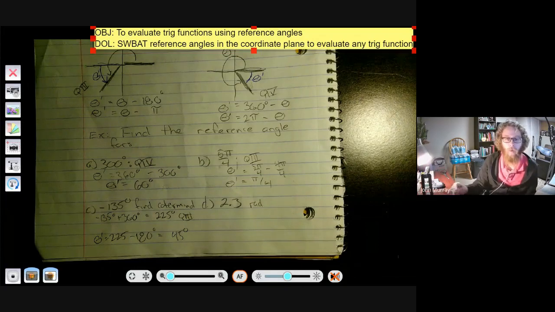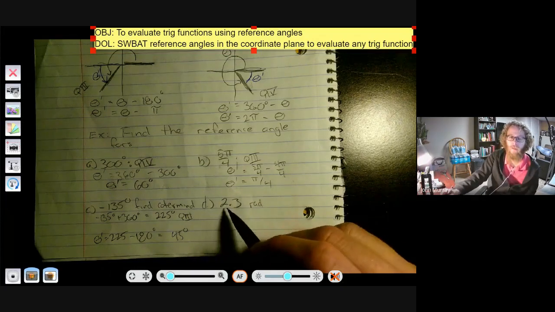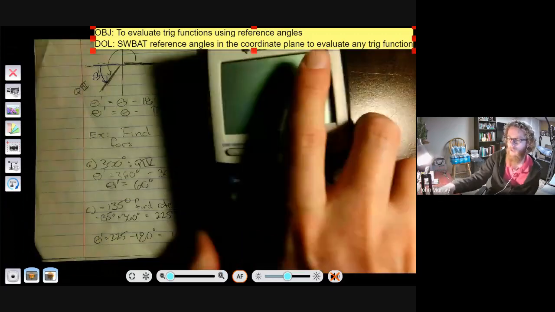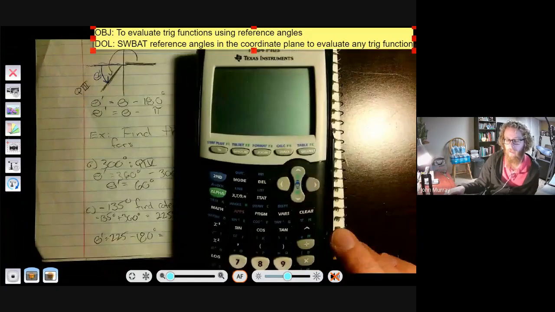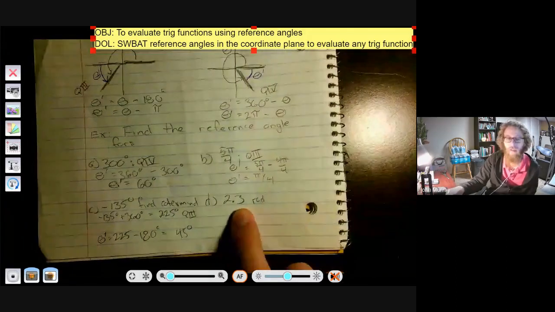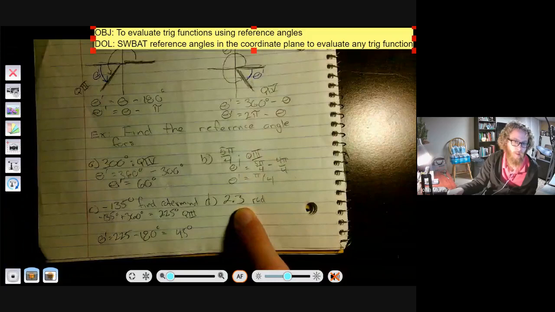All right. So what we do, well, we have to figure out what quadrant this is in. Well, we know that pi is 3.14. Well, this is less than 3.14.